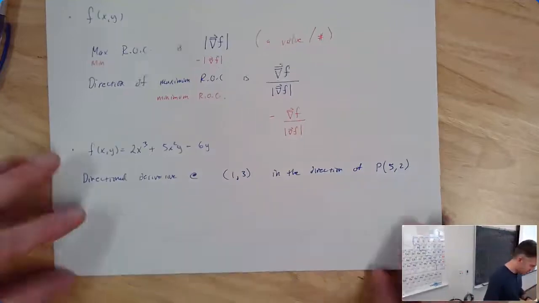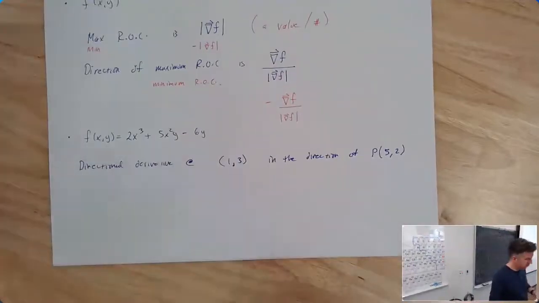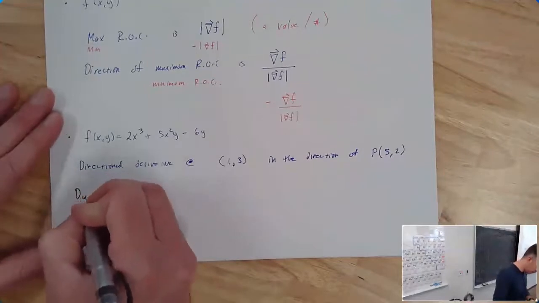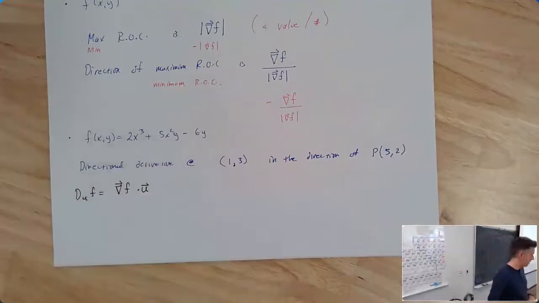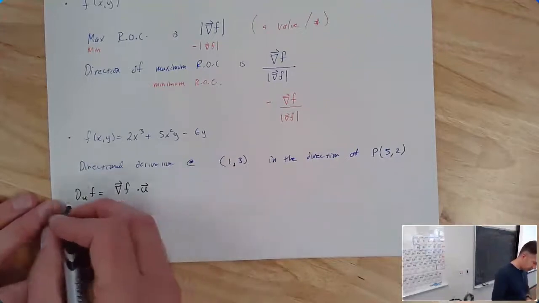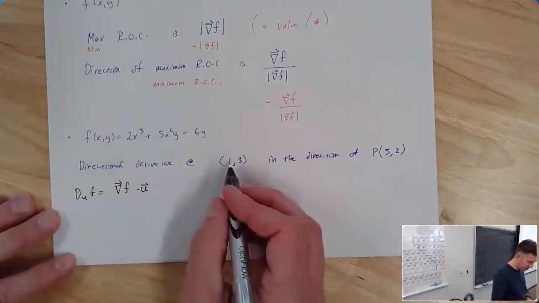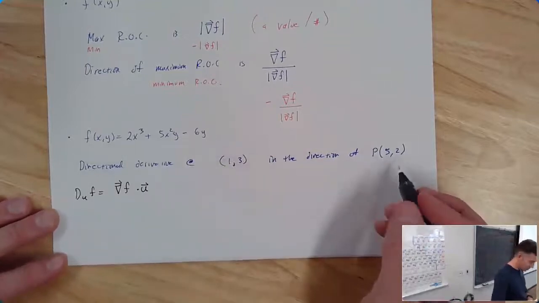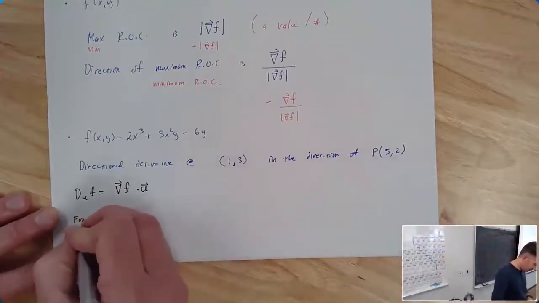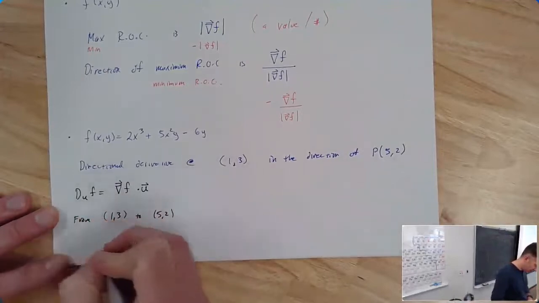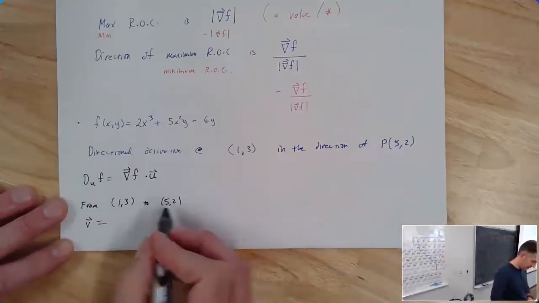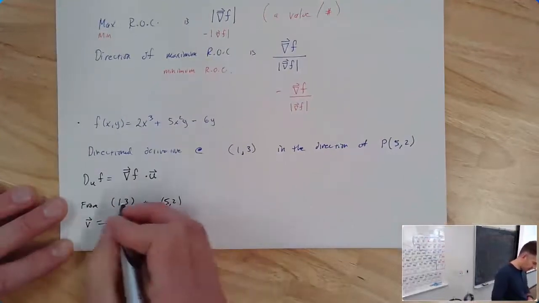In this case, we're going to find the gradient, of course, because your directional derivative is always equal to your gradient dotted with your direction vector u. U should be a unit vector, so let's find u first. The direction we're traveling in is starting at the point 1, 3 and ending at the point 5, 2. So the vector that gets you there is 5 minus 1, which is 4, and 2 minus 3, which is negative 1.